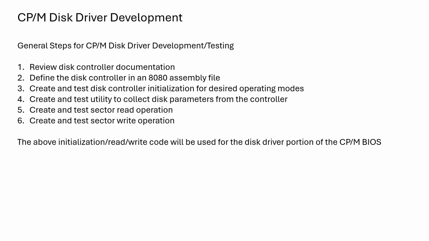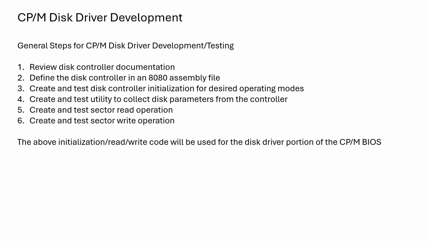Next, define the disk controller in an 8080 assembly file. So start your assembly file. That's what I do. I just try to create a model of the disk controller using 8080 equates. After that, create and test your disk controller initialization for desired operating modes. You want to initialize the disk controller for 8-bit mode and LBA mode. Those are the two most important ones. After that, you can create and test the utility to collect disk parameters.